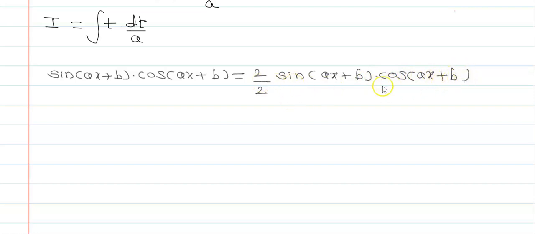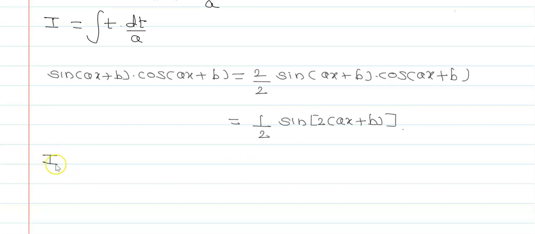That is 2 times sine theta into cos theta, which is nothing but sine of 2 theta, that is sine of 2 times (ax plus b), and we can find out the integral of this.